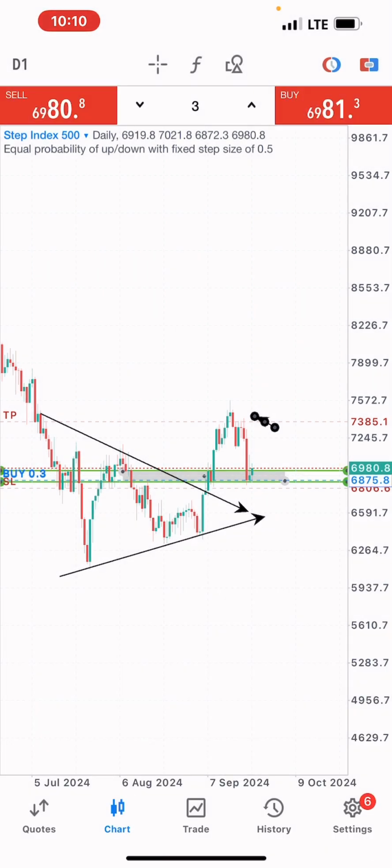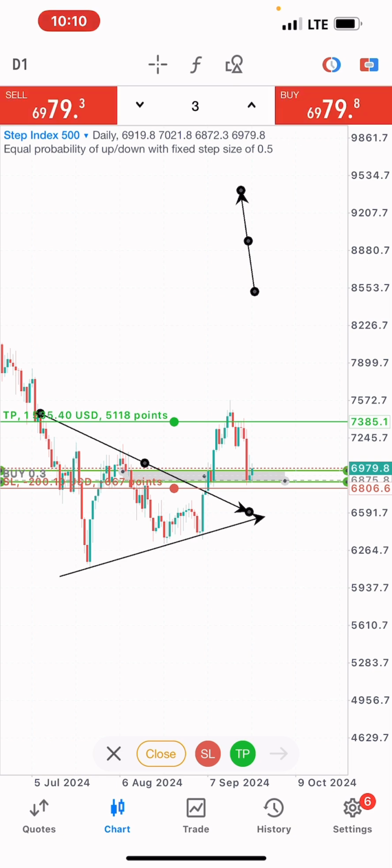That will happen in a couple of days. I'm expecting it to keep going to the upside because it just broke out of this area and then came for a retest. That's the first reason why you should consider buying this particular trade.